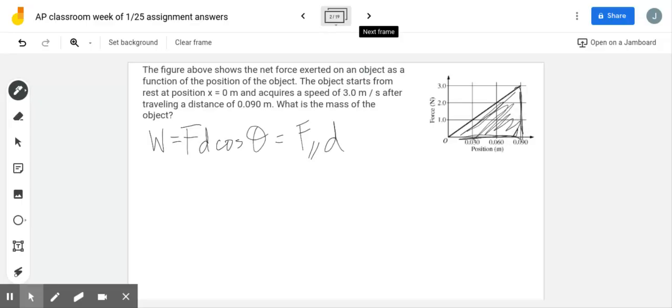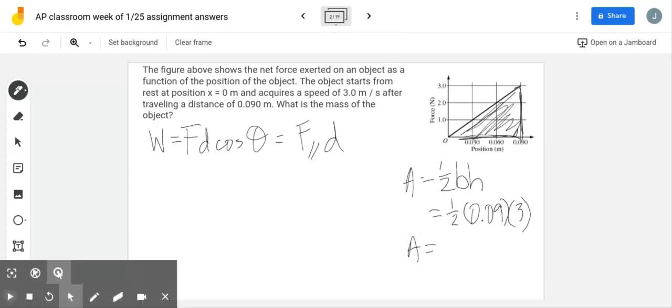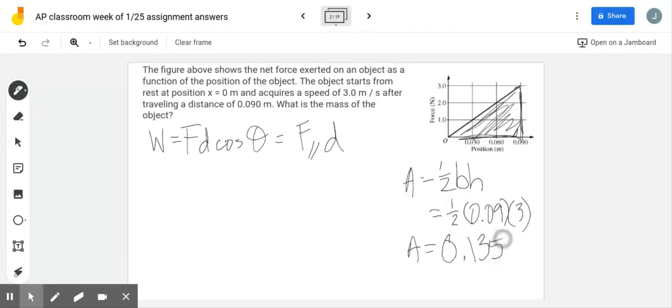So this is the area of a triangle. So I'm going to say area equals 1/2 base times height, which is 1/2 times 0.09 times 3. And our area is 0.135, and that's going to be in joules. So that's going to be the work.